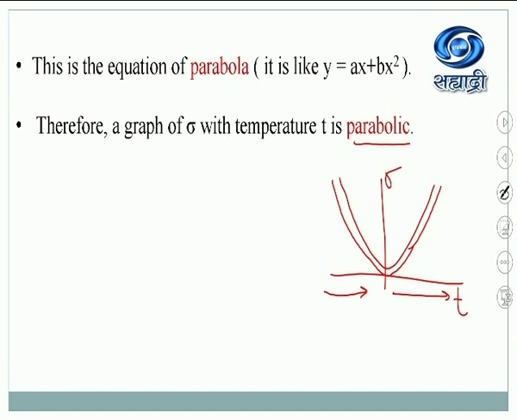So it is like the shape of a cup that we take tea in, in daily routine. So the parabolic shape is a cup type shape. So the variation of thermo EMF with temperature is parabolic in nature. This is how we can determine the thermo EMF developed in a given circuit, that is called a thermocouple.